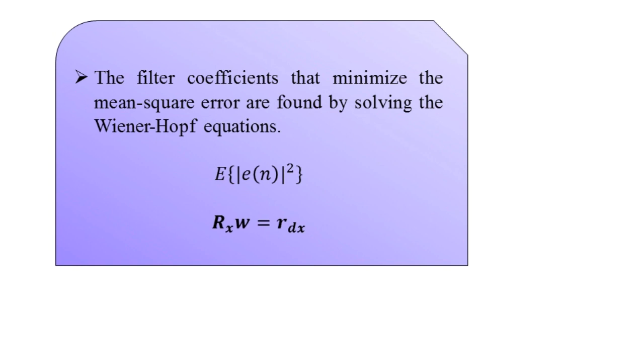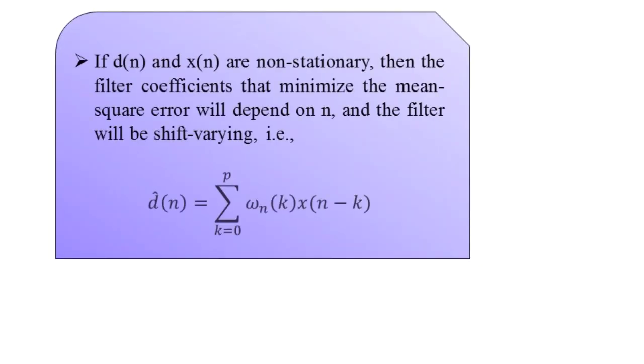So here we denote the expression d cap of n equal to the summation k equal to 0 to p of w suffix n of k multiplied by x of n minus k. The difference between the previous expression and this one is that w of k, which was originally there, is now represented by w suffix n of k. So w suffix n of k is the value of the kth filter coefficient at time n here.